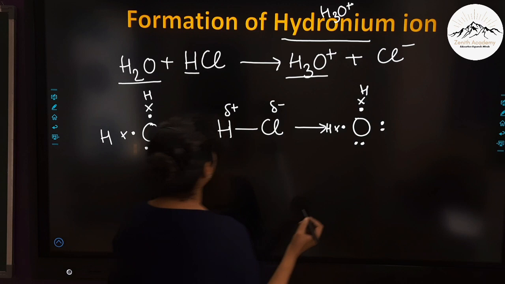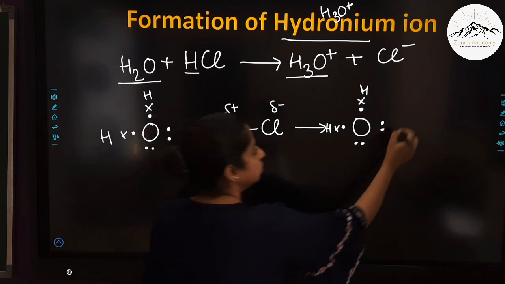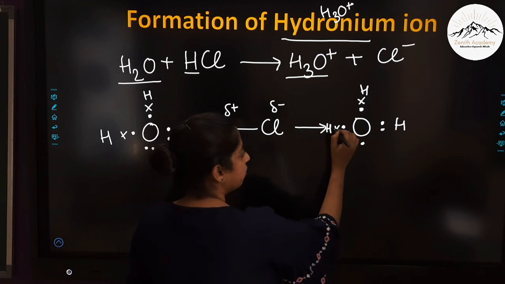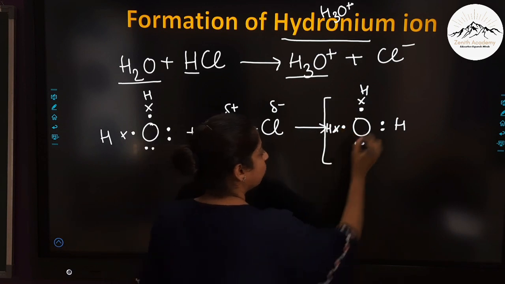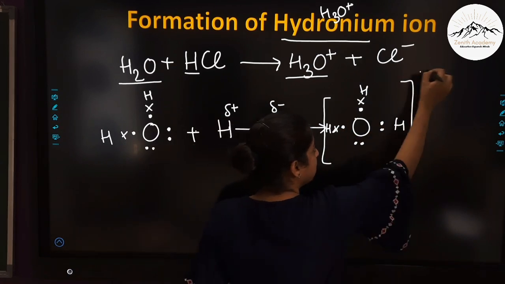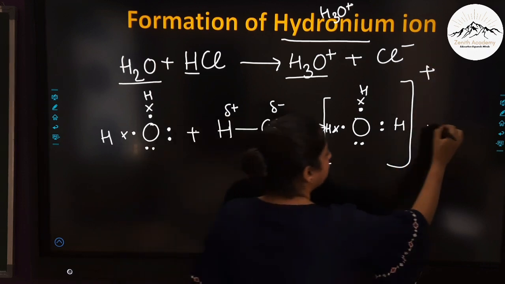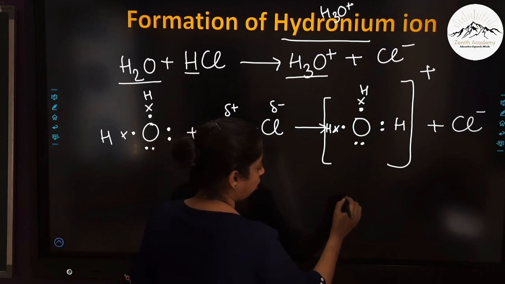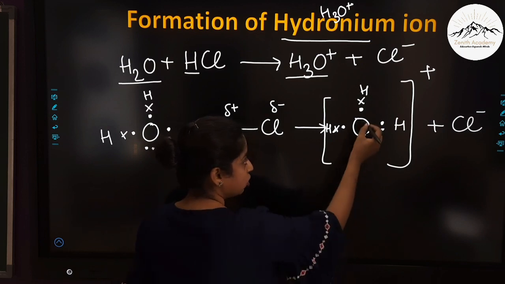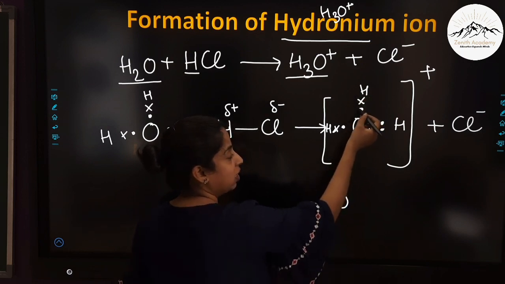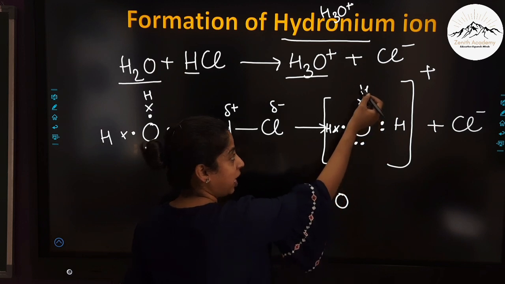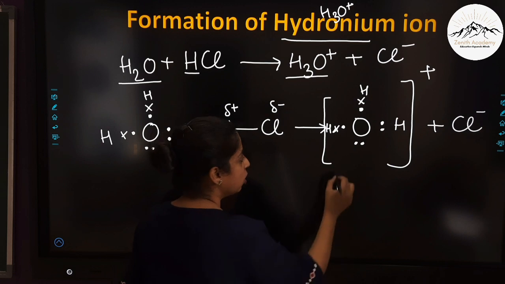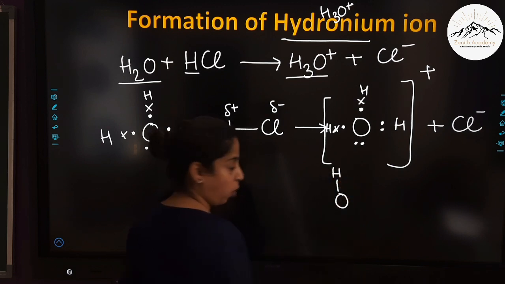Now this hydrogen comes without the electron, so it sits here. Since one positive charge has entered, this molecule overall has one positive charge, and also one chloride ion remains. So if you want to draw the bonds now, this oxygen is given one electron, this hydrogen is given one electron, so they have a shared pair of electrons, and it forms a single covalent bond here.